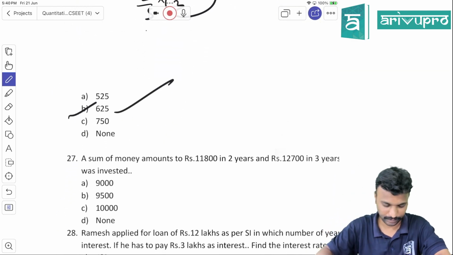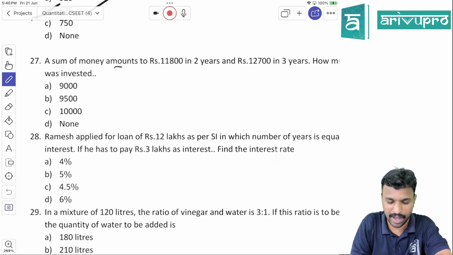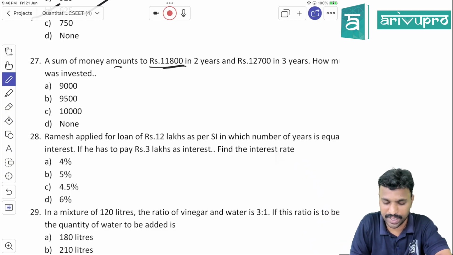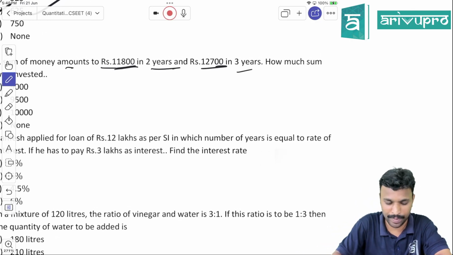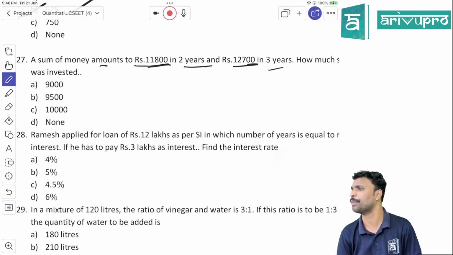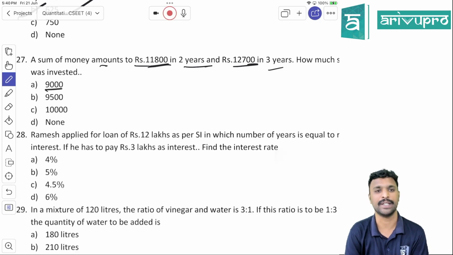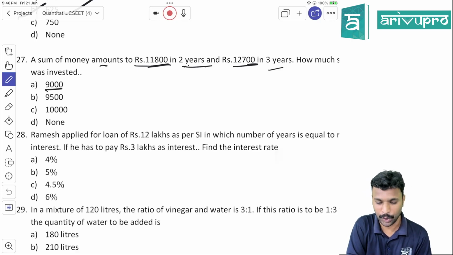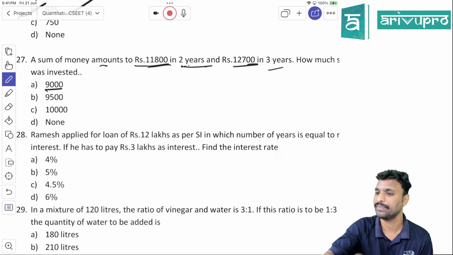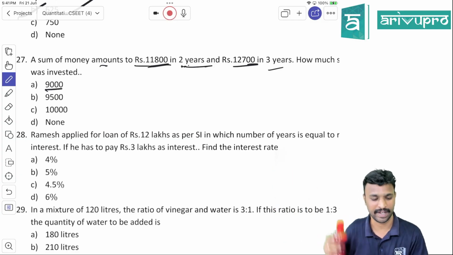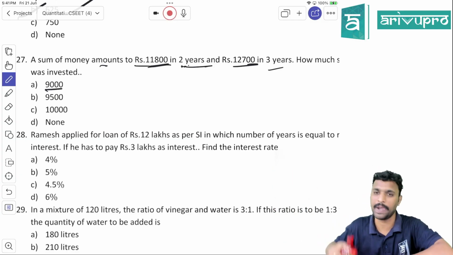A sum of money amounts to 11,800 in 2 years and 12,700 in 3 years. How much sum is invested? Optionating you can do. If I hit 9,000, in 2 years, have they given the rate of interest? If the rate of interest is not specified, what do you do?